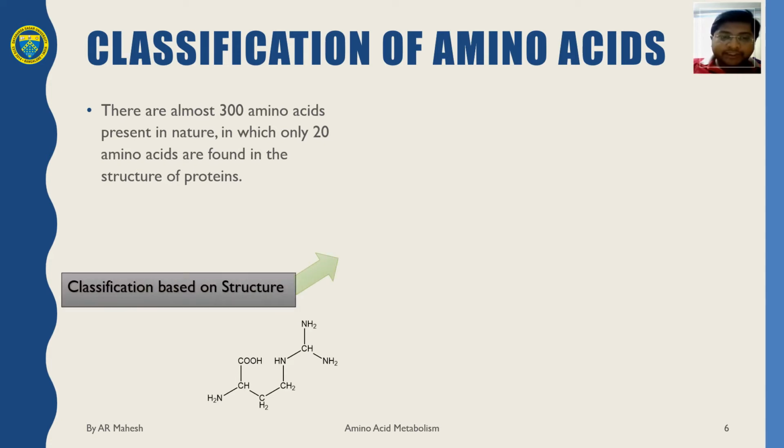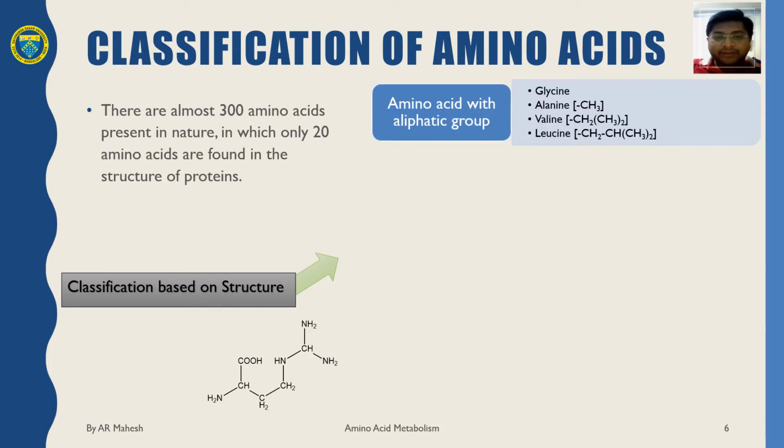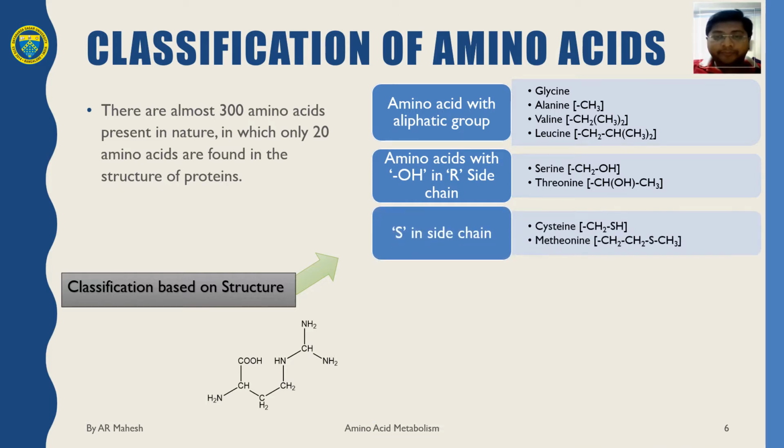Classification of amino acids based on their structure: amino acids with aliphatic groups, examples are glycine, alanine, valine, leucine. Amino acids with an OH or hydroxyl group in the R side chain, examples serine, threonine.